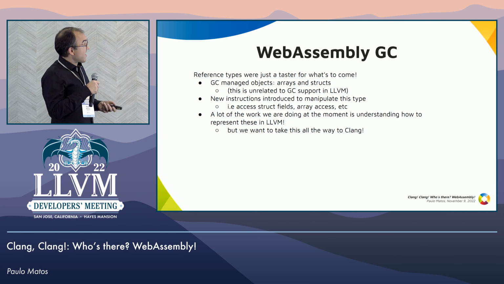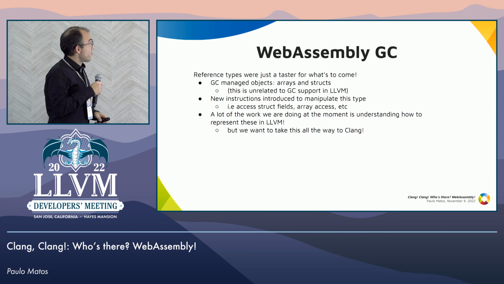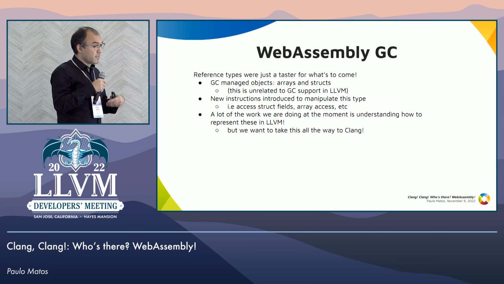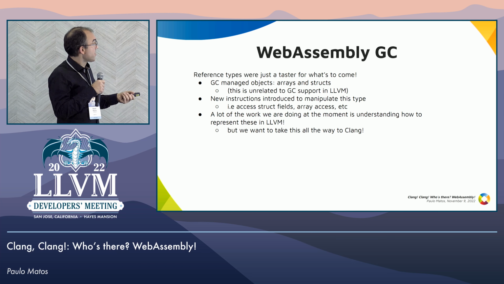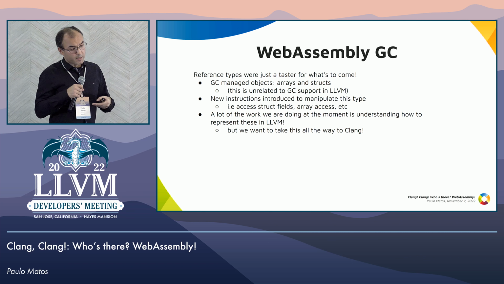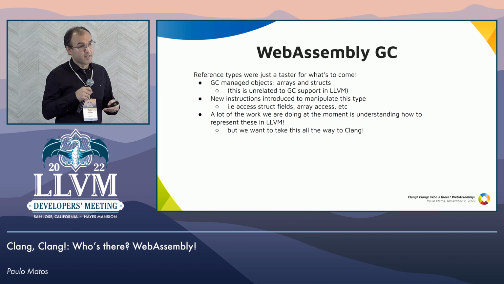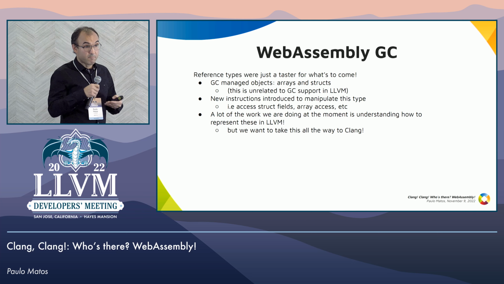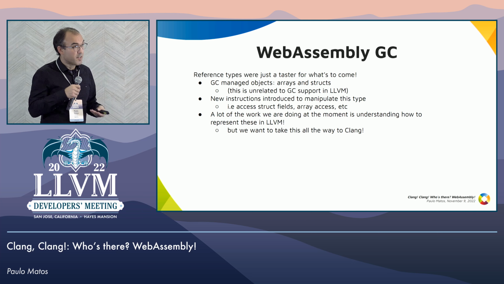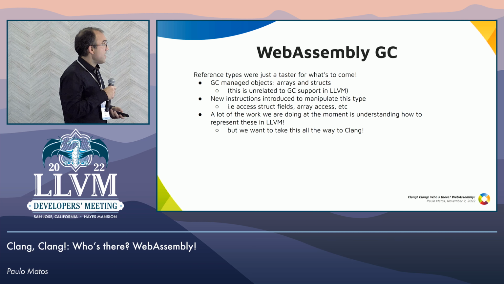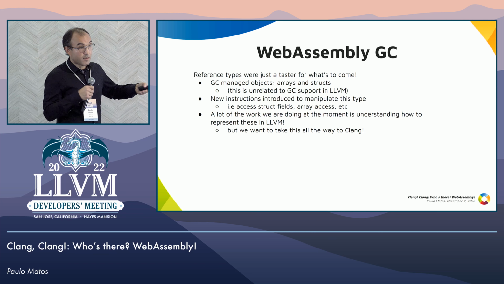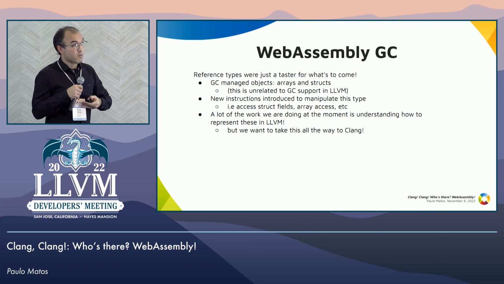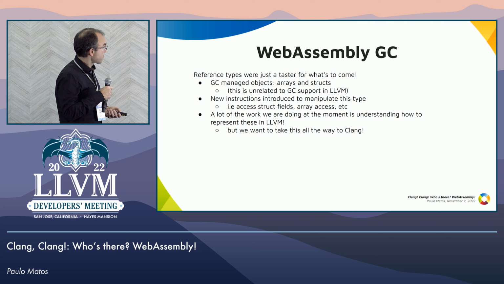So this is, by the way, unrelated to GC support in LLVM. And this new proposal has instructions to manipulate these types. A lot of the work that we're doing at the moment is how can we represent these types, which are potentially an enormous amount of types, depending on the application that we're compiling, in LLVM. But obviously, we want, in the next year or so, to bring all of these to Clang as well.